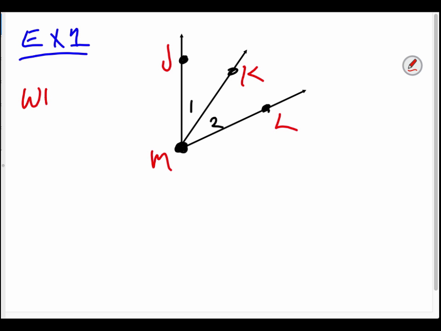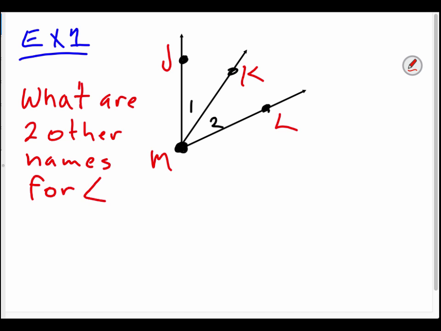And so the first thing it says for us to do in example 1 is it says what are two other names for angle 1. Okay? What are two other names for angle 1?